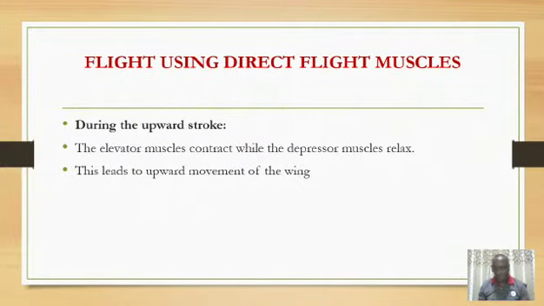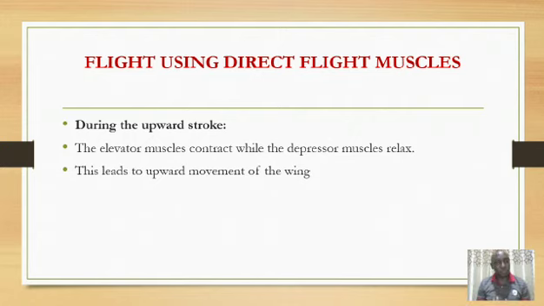I repeat, elevator, elevate. To elevate is to move up, to depress, down. The muscle playing the biggest role contracts. So if I want to elevate, to move up, which muscle contracts? Elevator. If I want to move down, which muscle contracts? Depressor.